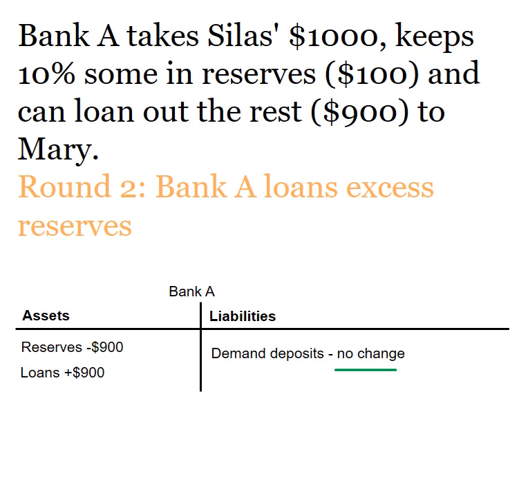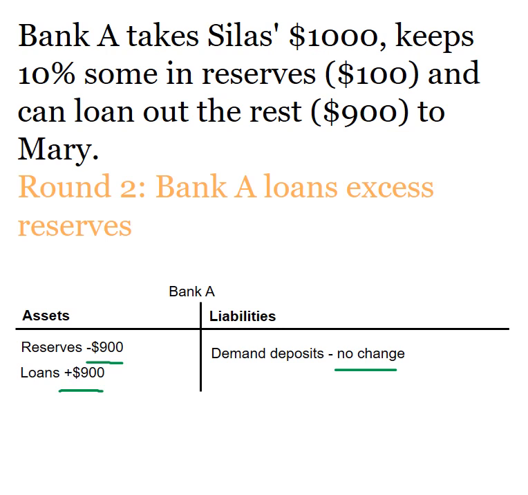The bank has to keep 10% or $100 of his deposit in reserve, which means they're able to loan out up to $900. And they're going to loan $900 to Mary. So the amount of reserves the bank has decreased $900 because that $900 has left their reserves, but their amount of loans has increased $900 because now they've issued this loan to Mary.